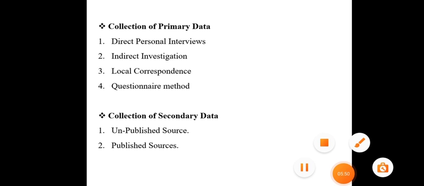So this is about indirect investigation. For this purpose, there are some advantages and disadvantages also.